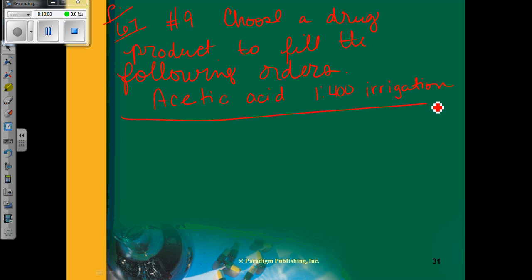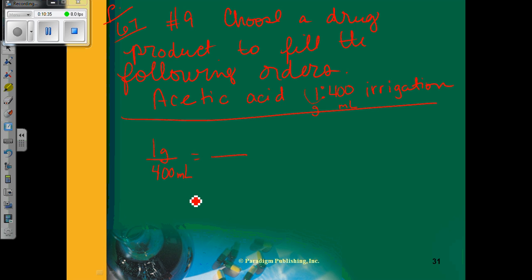We're going to use a ratio proportion, because our choices are given in percentages. That gives us our hint that we can do a ratio proportion. Remember I told you in the previous chapter that if it doesn't have the units, it's grams and milliliters. So you have 1 gram over 400 milliliters.